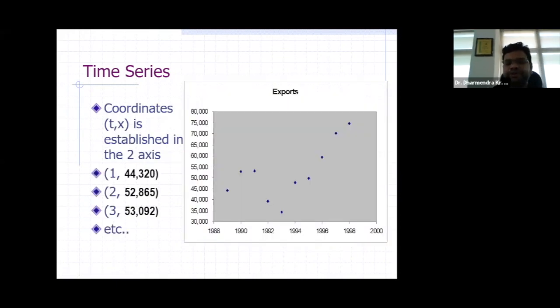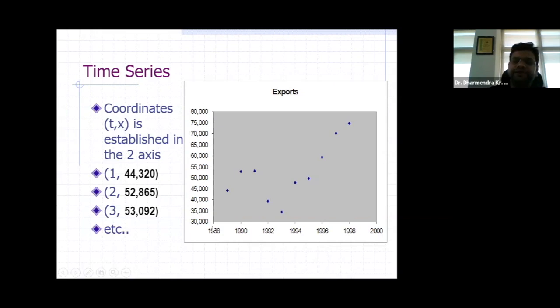If you want to make a graph of this time series data, to know the trend of exports from 1989 to 1998, we will put these coordinates T and X. The first is from the X-axis and the second is from the Y-axis. On the X-axis we always take the time, and on the Y-axis the quantities.